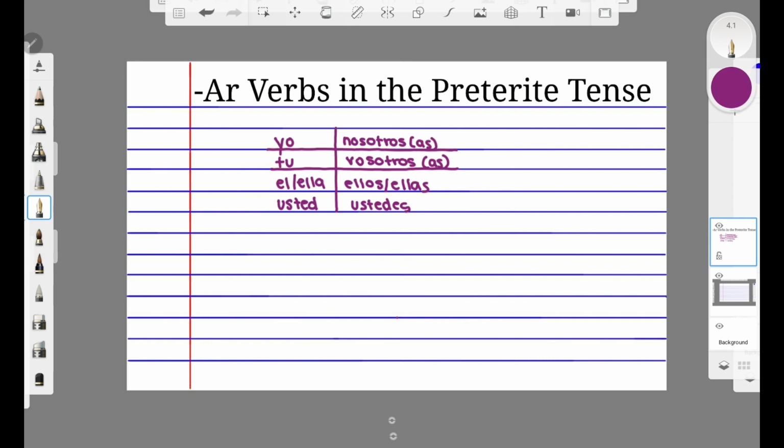But quickly, before we begin, I just wanted to review subject pronouns. Yo is I, tú is you, usted is like the formal form of you, and él is he, ella is she, nosotros or nosotras is we, vosotros, vosotras is like the plural of tú, the plural of informal, like y'all.